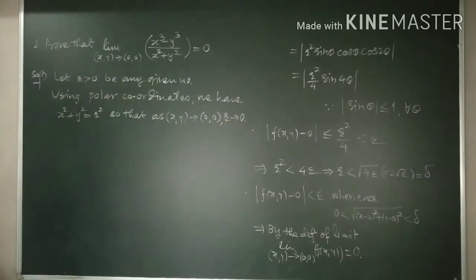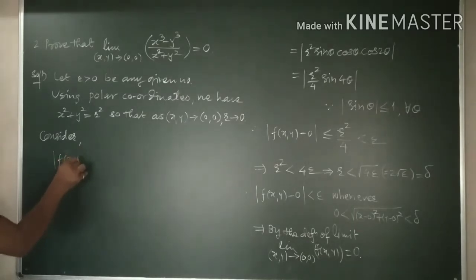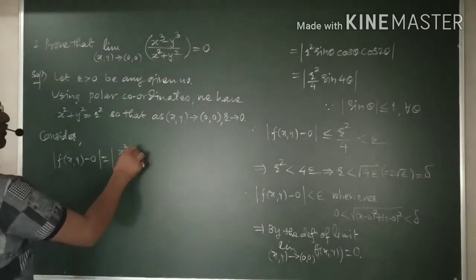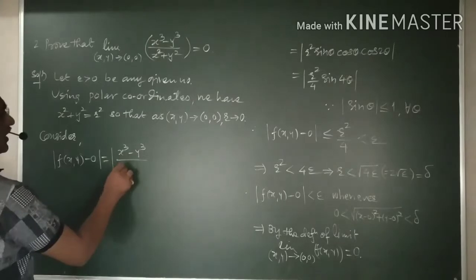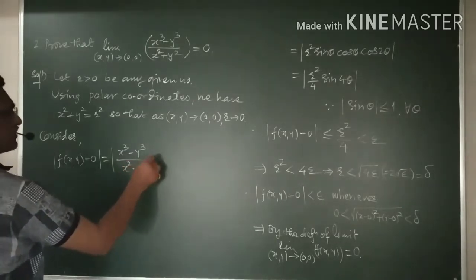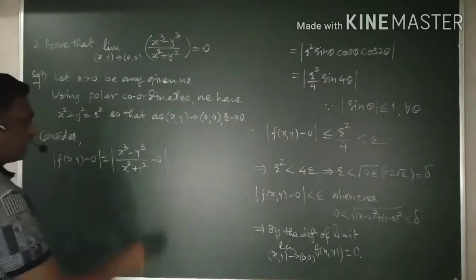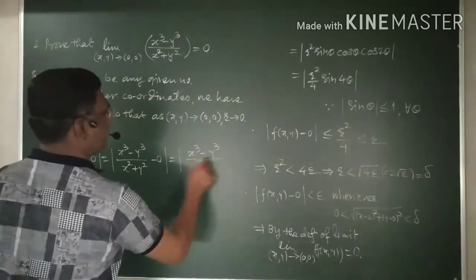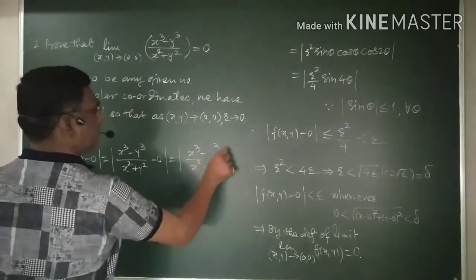Now consider the absolute value of f(x, y) minus 0, which is equal to the absolute value of (x cube minus y cube) upon (x square plus y square) minus 0, which is (x cube minus y cube) upon (x square plus y square).